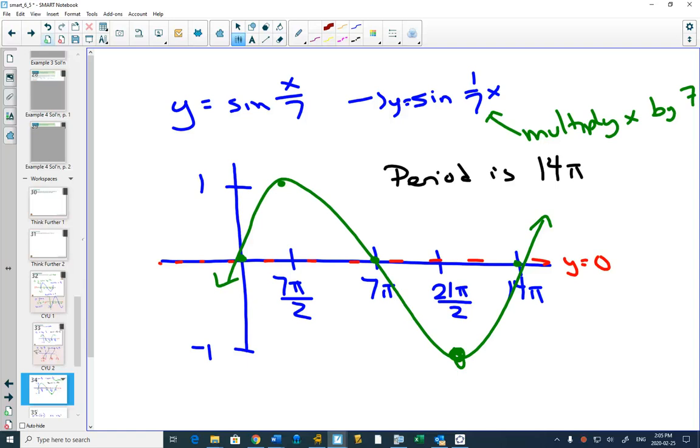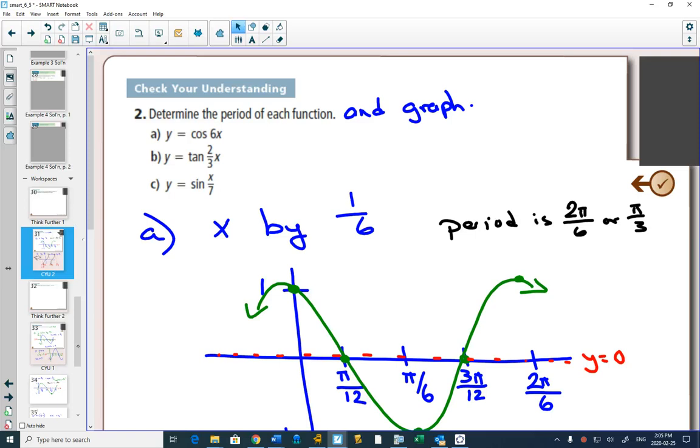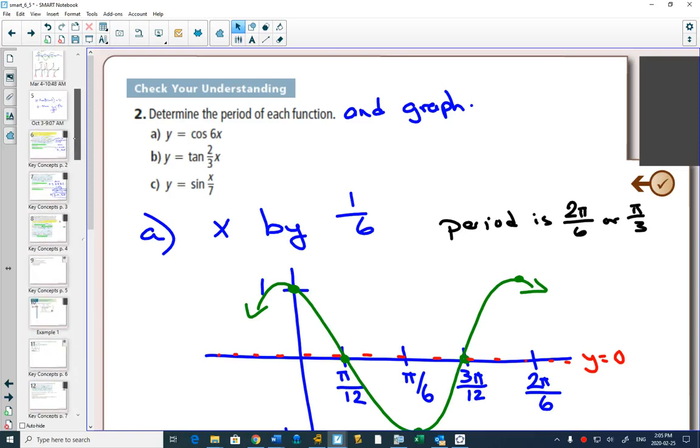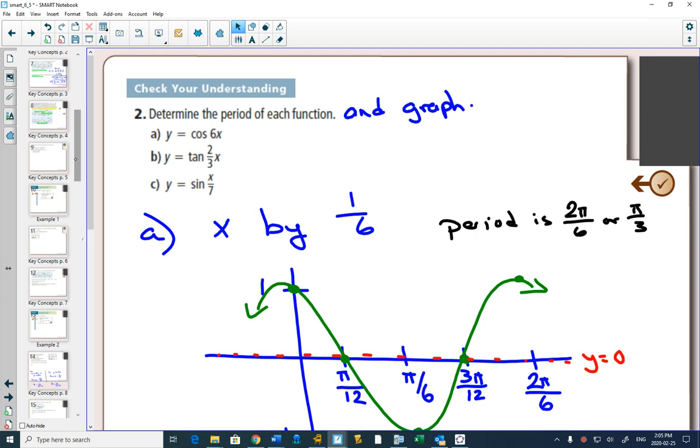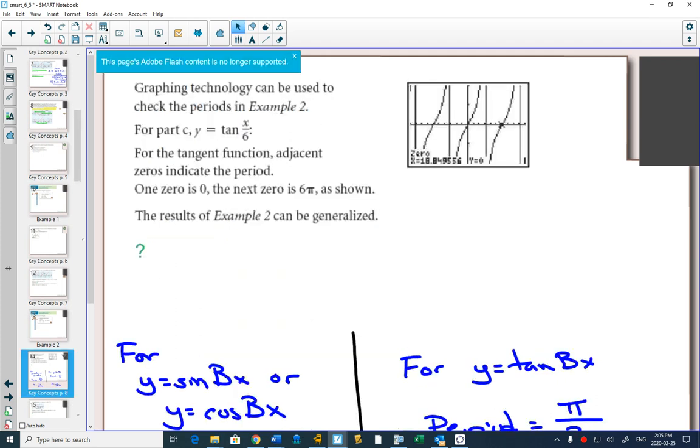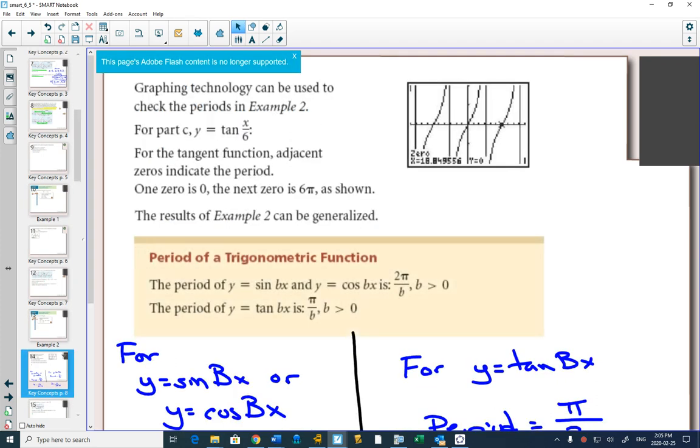So because of this, at the bottom of your page, they've got this bubble that says period of a trig function, and they've got formulas.